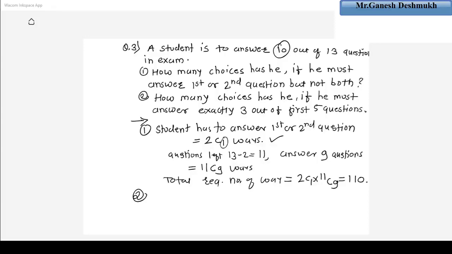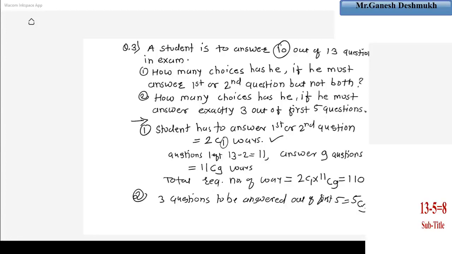This can be done in 5C3 ways. Now how many questions are left? 8 questions are left.